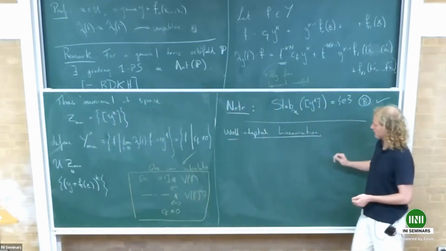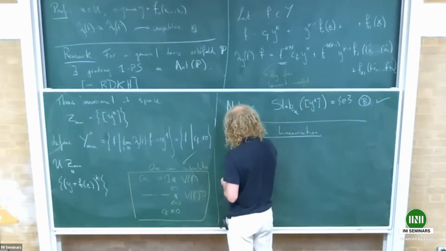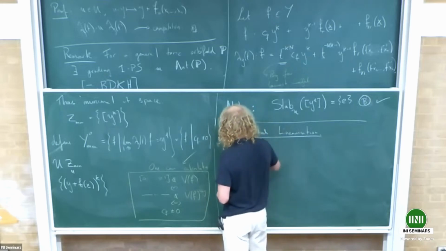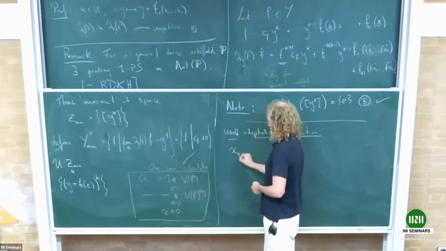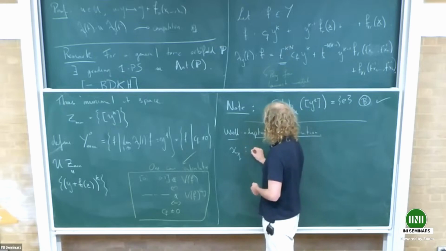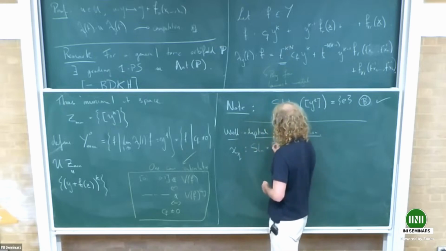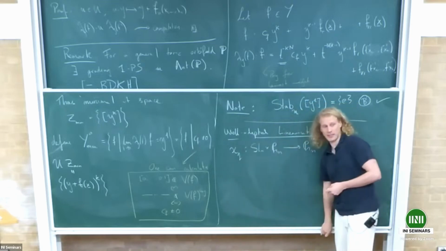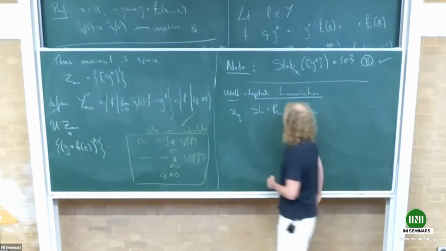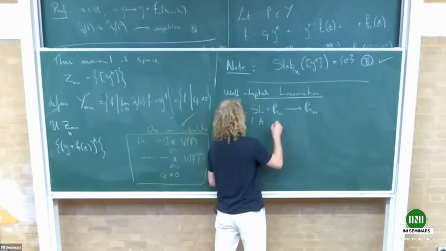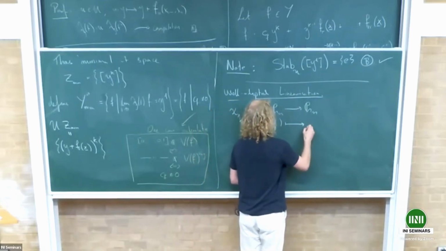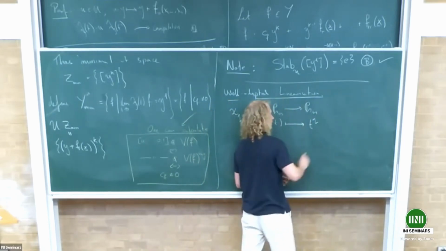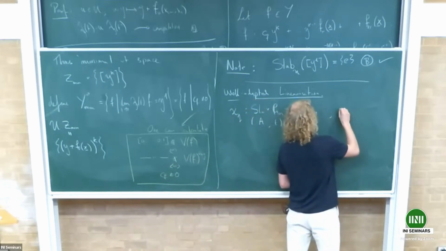Okay, so well-adapted linearization. So characters are very, very simple in this case, right? So we'll define, so SLN has no characters, right? So what this allows us to do, we take a matrix, we take some T, we send this to T to the Q, okay? And we'll take rational characters, okay?